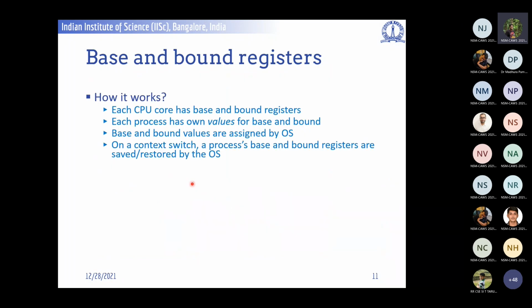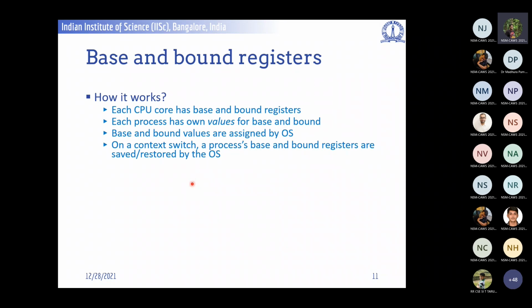What really happens is that each CPU core can have one set of base and bound registers, but remember that there can be hundreds of processes that are live or runnable at any given point of time, and each process will have its own values of base and bound registers.